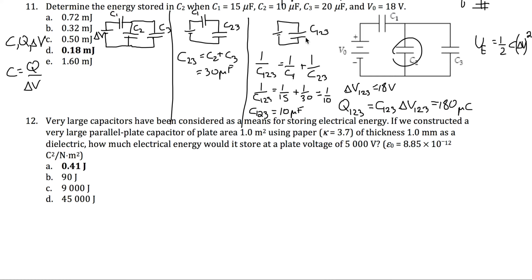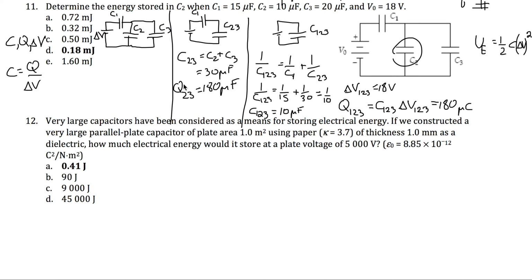I know the charge on this capacitor. I know that these 2 capacitors were in series to get to this one. When capacitors are in series, the charge on them is the same as the charge on the equivalent capacitor. So the charge on 2, 3 is the same as the charge on 1, 2, 3, because they were in series. So this is 180 microcoulombs.